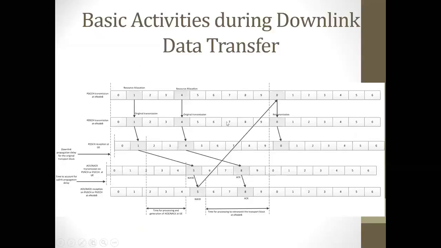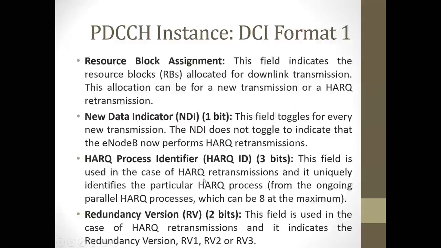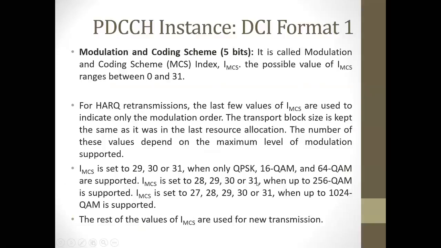Separate HARQ IDs will be given, but there can be at most 8 HARQ processes possible, not more than that, because of the 8 subframe gap here. When you have retransmission, the HARQ ID is signaled also. If it is original transmission, you don't have it.